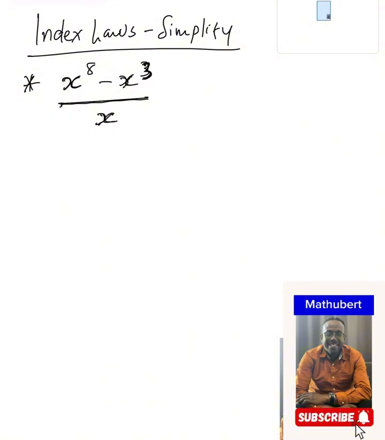So I'm going to split them a bit to make it easier. I will say x to the power of 8 divided by x, then minus x to the power of 3, we also divide it by x.